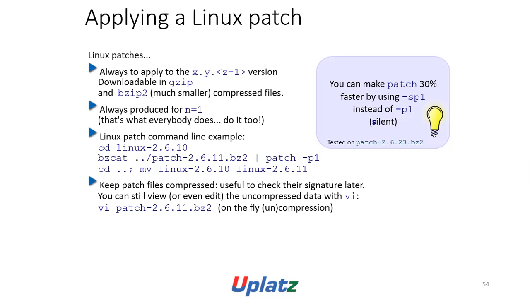You can still view or even edit the uncompressed data with vi patch-2.6.11.bz2, using on-the-fly decompression. You can make patch 30% faster by using -s -p1 instead of -p1, which makes it silent.